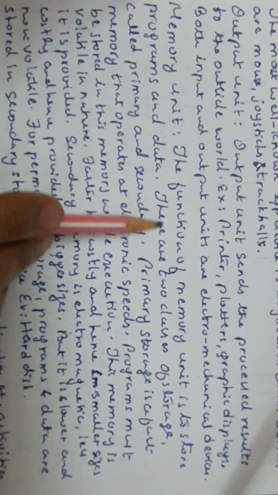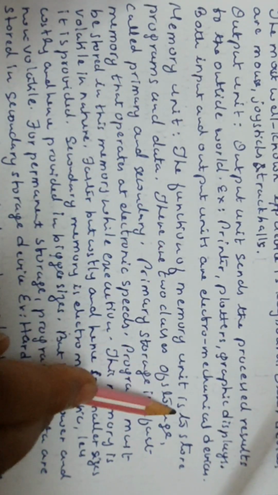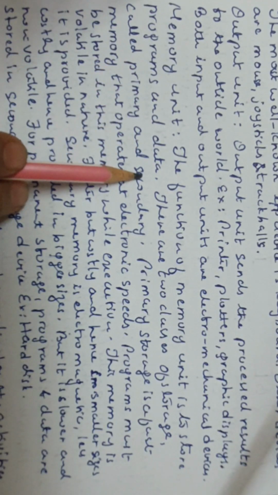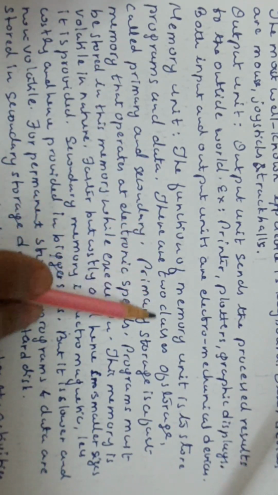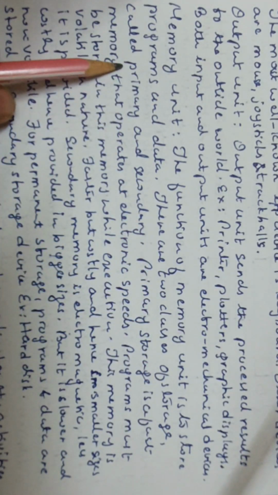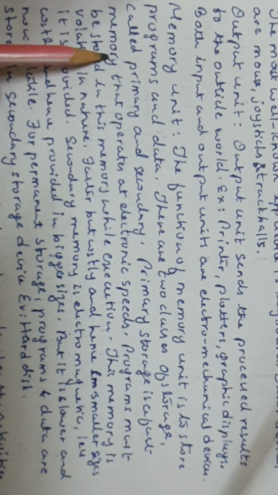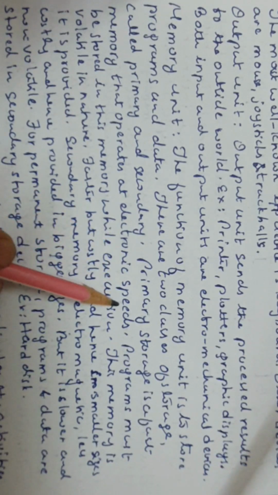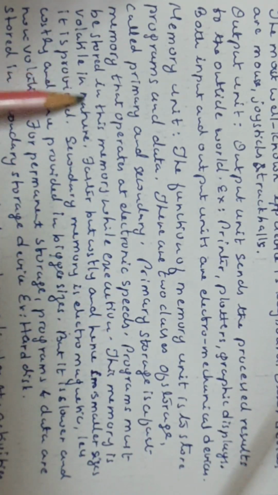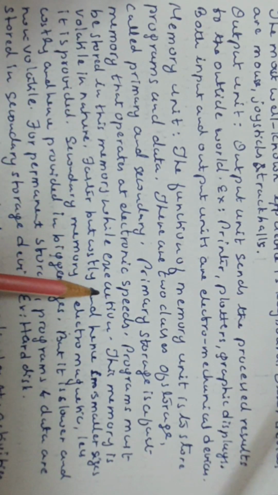Next, the memory unit. The function of the memory unit is to store programs and data. There are 2 classes of storage called primary and secondary. Primary storage is fast memory that operates at electronic speeds. Programs must be stored in this memory during execution.